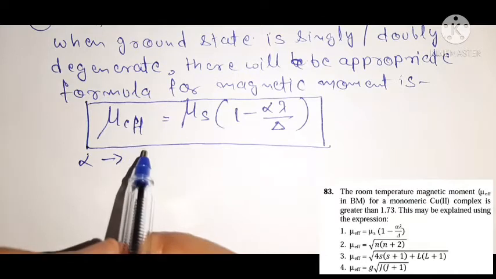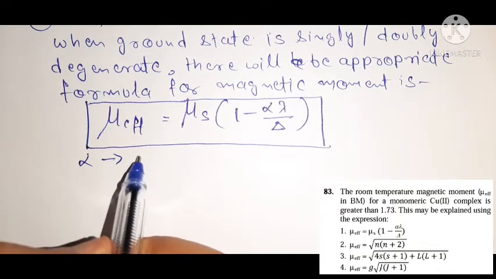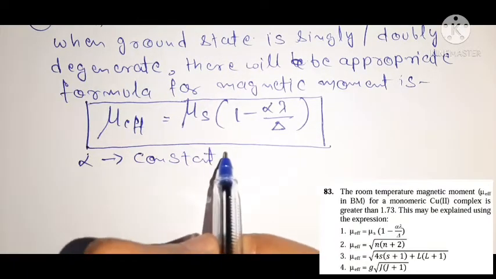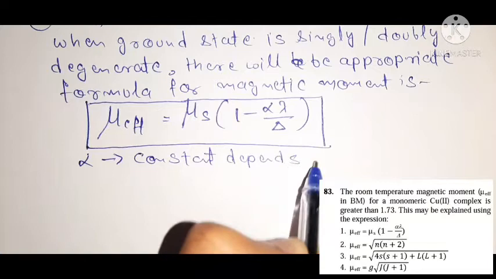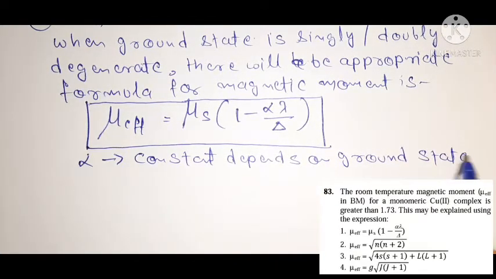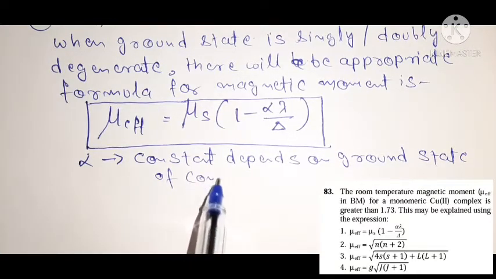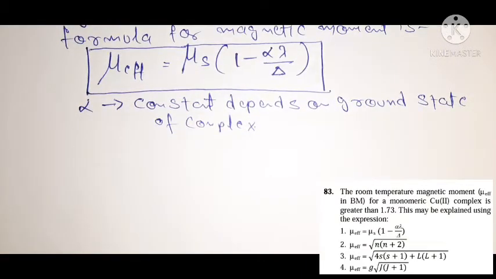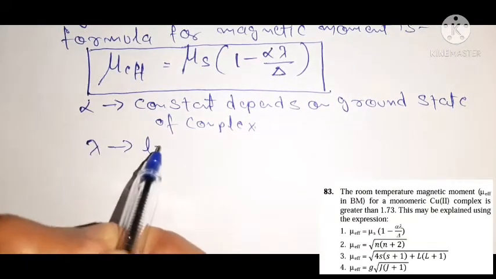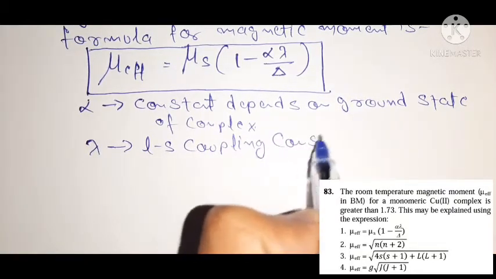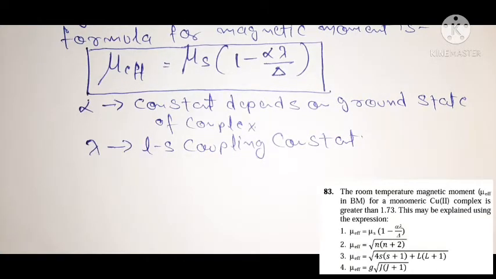a constant, which depends on the ground state of that complex. Lambda is the LS coupling constant. And Δ is the field strength.